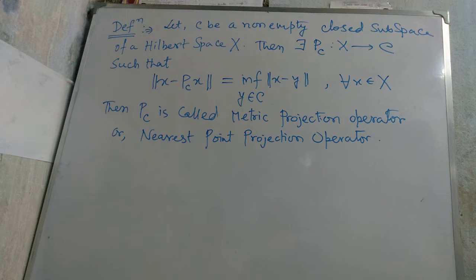Okay, now let C be a non-empty closed subspace of a Hilbert space X. Then there exists P_C: X to C such that the norm of x minus P_C x equals the infimum over y belongs to C of the norm of x minus y. Then P_C is called the metric projection operator or nearest point projection operator.